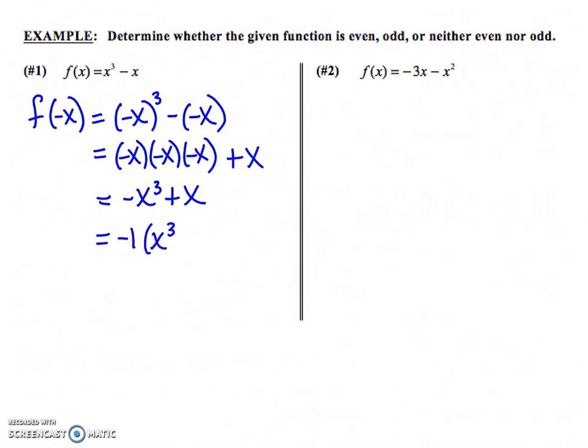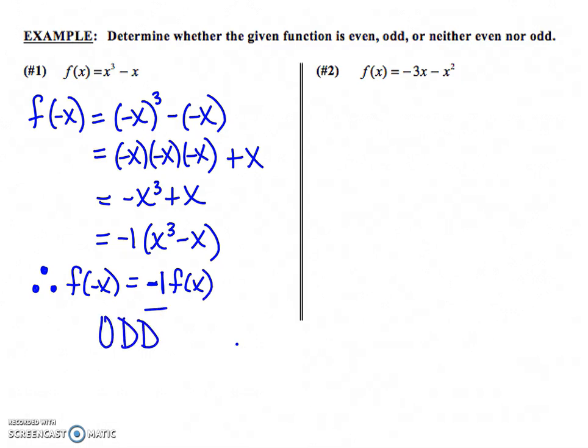Then this would become positive x cubed minus x. So you can see, in conclusion here, f of negative x is equal to negative 1 times f of x, which tells us that this is an odd function.